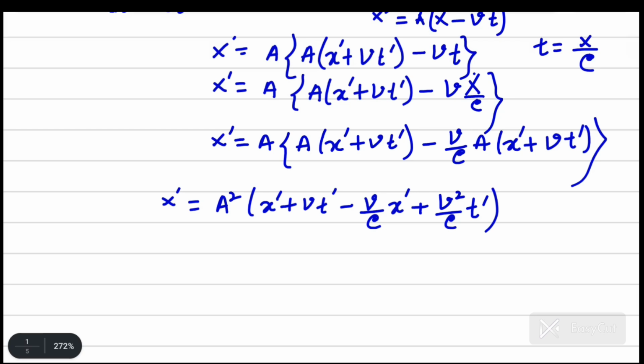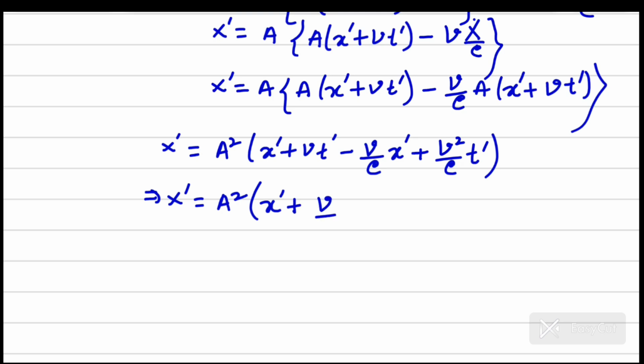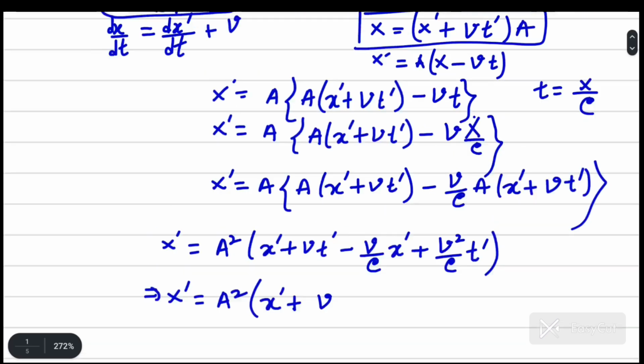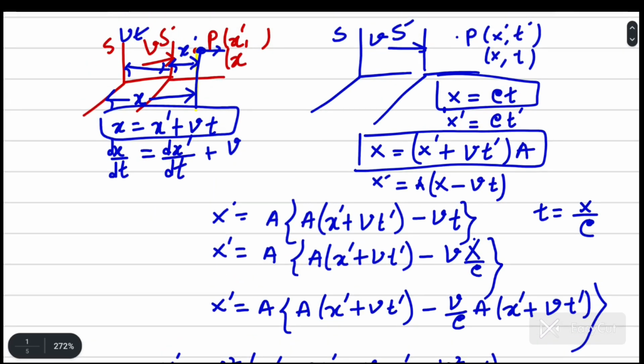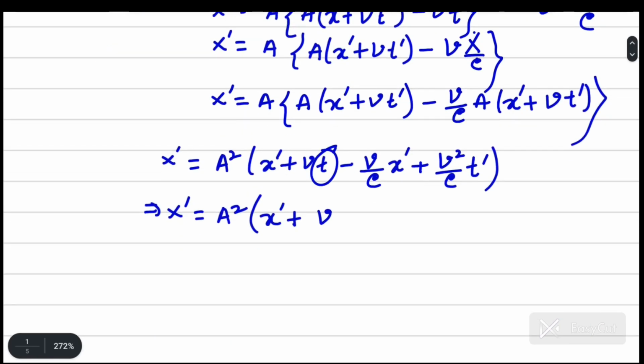And now we can write this x prime equals a square, and x prime remains the same, and from this equation x prime equals ct prime, so we can write t prime equals x prime by c. So just put this expression here.